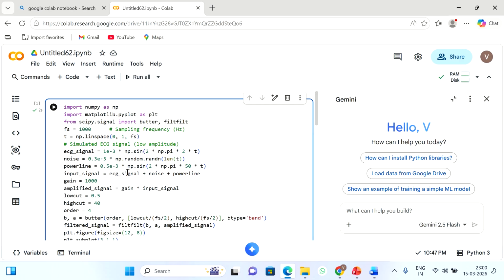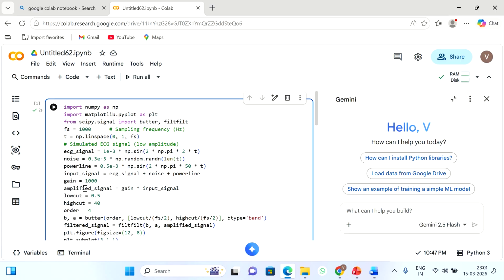So after processing, if it becomes weak, then it will not be possible to recognize the signal. That is why before processing we have to give some amplification. Then it will be easy to detect.